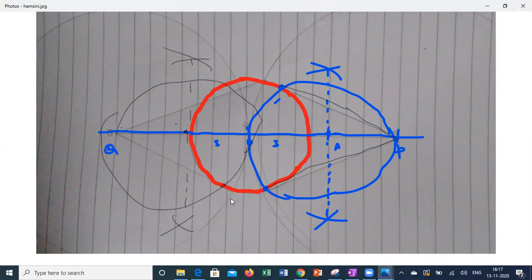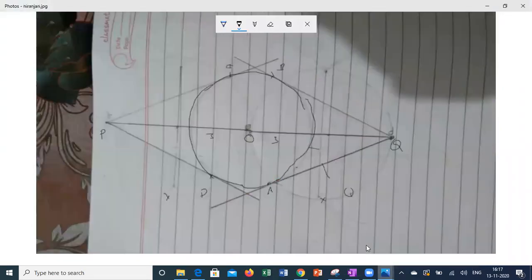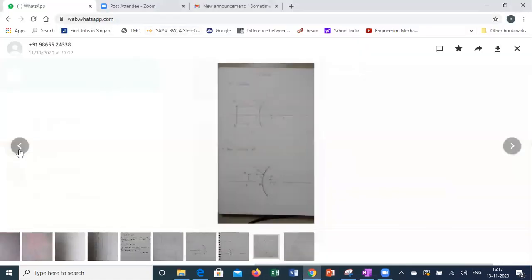So I will explain with someone's example. See here, I will explain with Sandhya's example, it will be easy because she has done it.